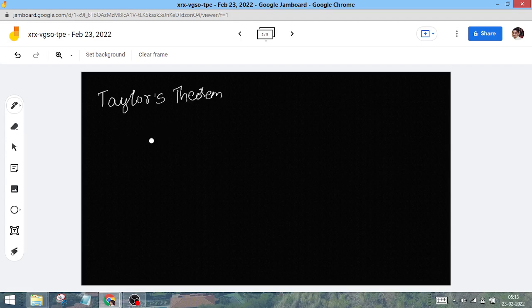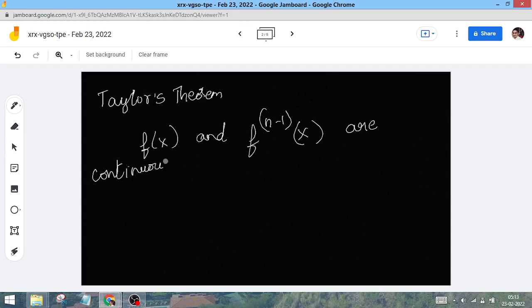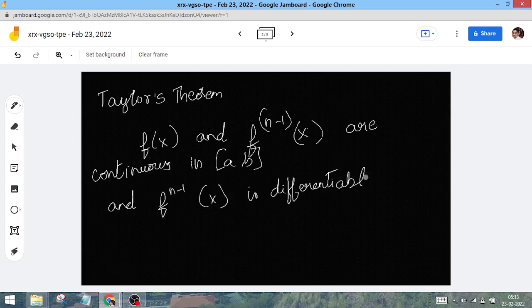The function should satisfy the following condition: f of x and f of n minus 1, the derivative of x, are continuous in the closed interval a comma b, and f of n minus 1 x is differentiable in the open interval a comma b.